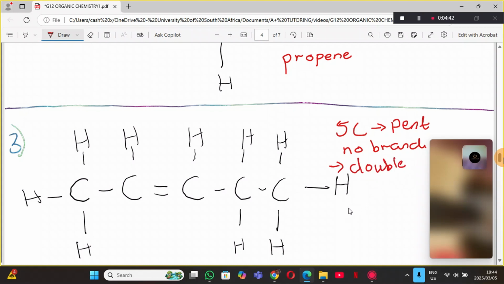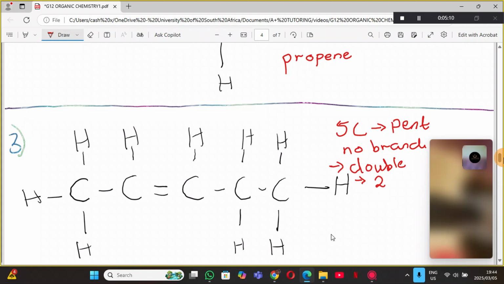On what position do we have this double bond? On position 2. So because I can have it anywhere, I'm trying to tell the marker that whatever I'm naming is supposed to look like this. Let's say, for example, you're now working as a chemist or whatever, right?